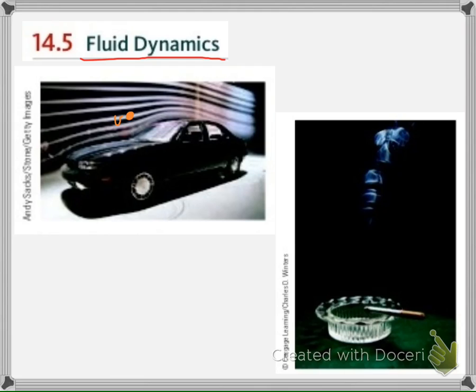Like you may have this as v1, and if you move to this point you may have v2. Okay, but v1 and v2 will not change in time, so we call that a steady flow.